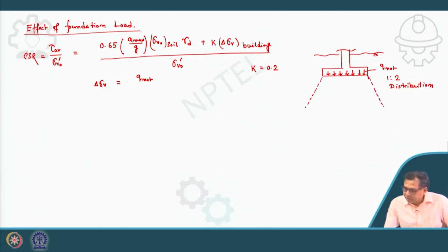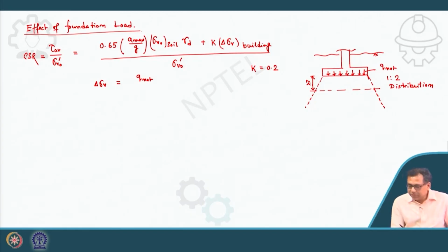1:2 means 2 in depth, 1 in the horizontal direction. So then you will get del sigma V at any depth Z from the base of the foundation.